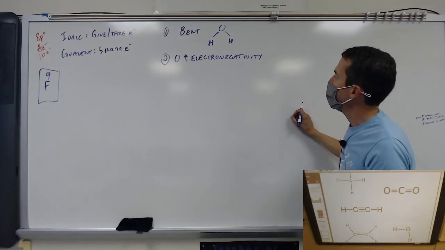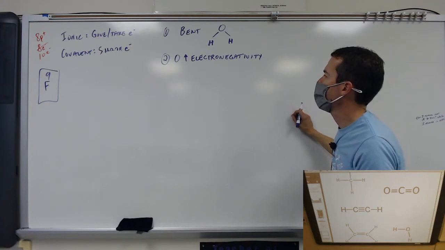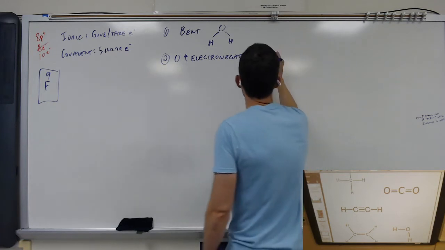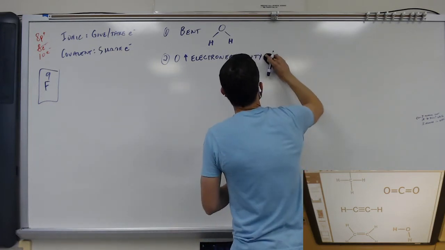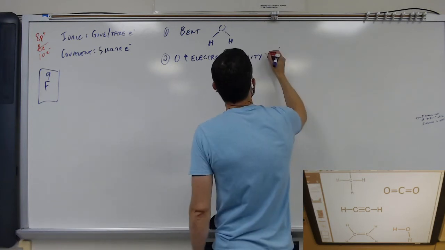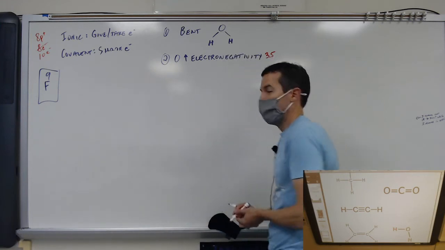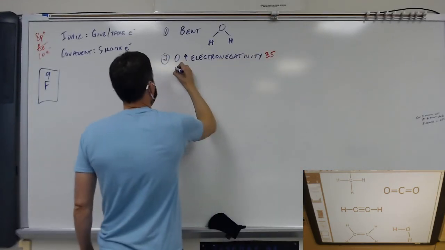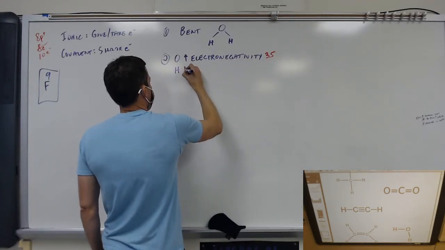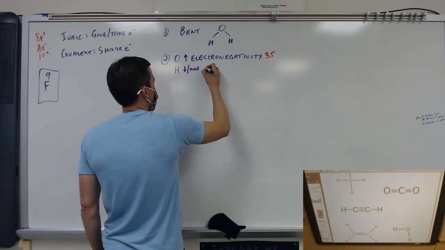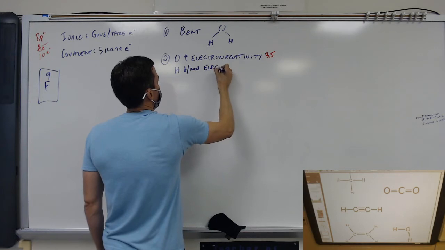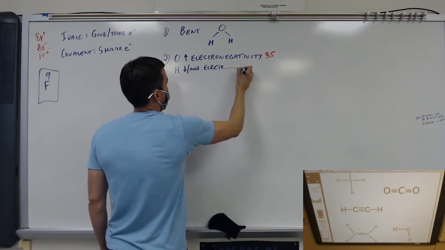Oxygen has a high electronegativity. You don't have to know the number, but I like to feel smart, so I'll tell you what it is. It's 3.5. Hydrogen does not. Hydrogen has a low to medium electronegativity.